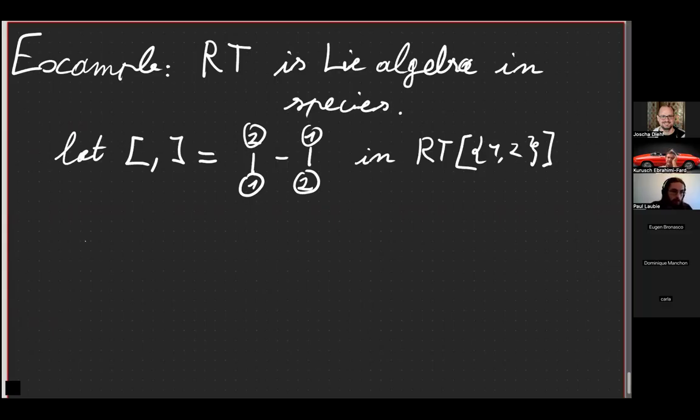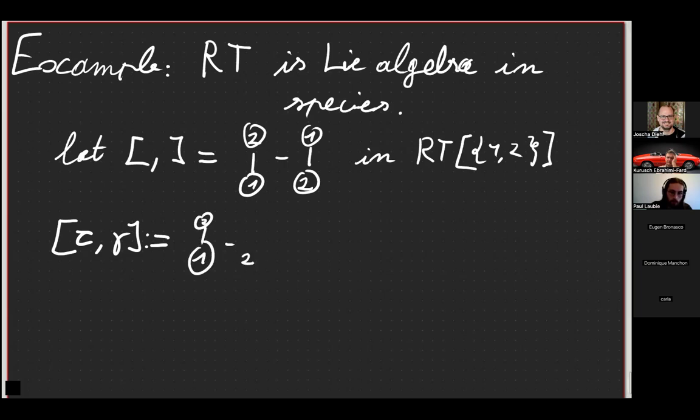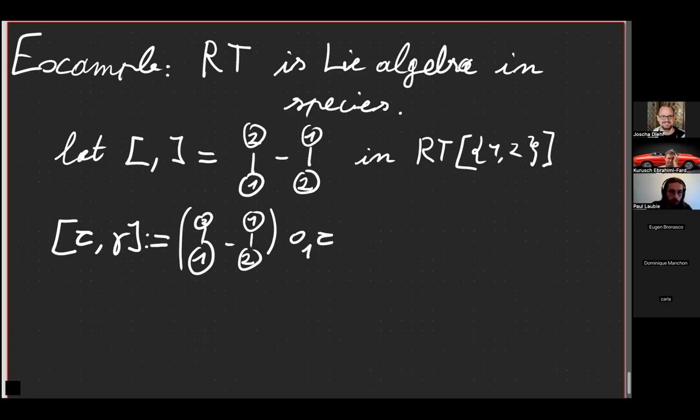And now I will say that the bracket of two trees, tau and gamma, is this: I will compose tau in 1, and then I will compose gamma in 2. I didn't tell you what it means, but it means that I take tau, I put it inside the ether 1, I put gamma inside the ether 2.